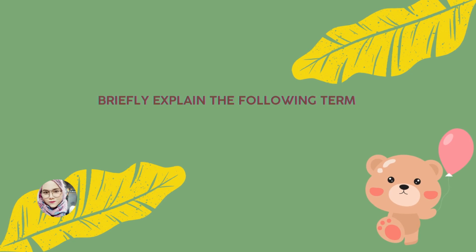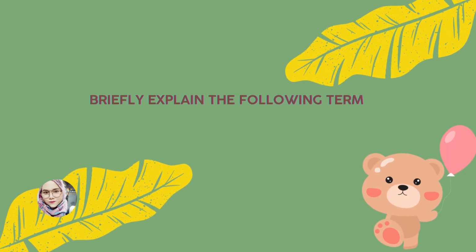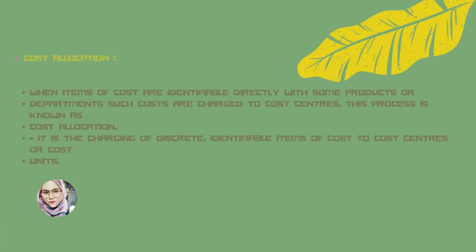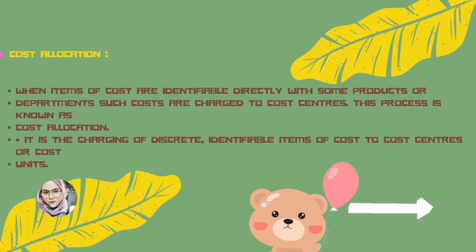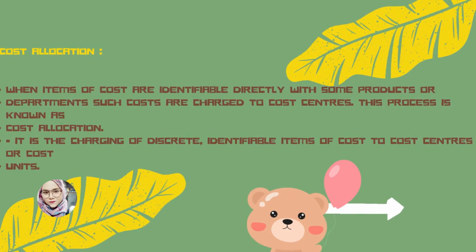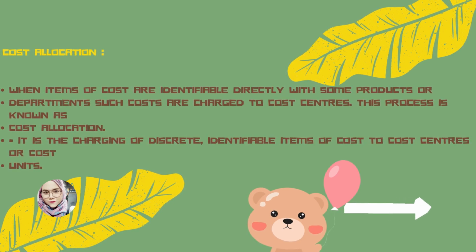Question 3, Part B. The question asks me to explain the following terms. So let's check. What is cost allocation? When the items of cost are identifiable directly with some product or department, such costs are charged to a cost center. This process is also known as cost allocation.